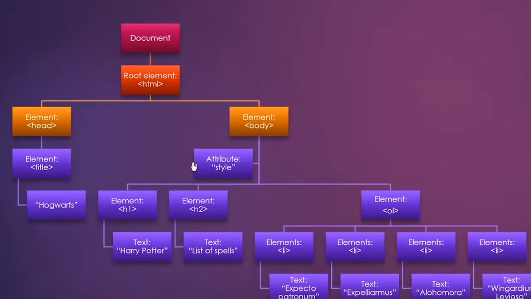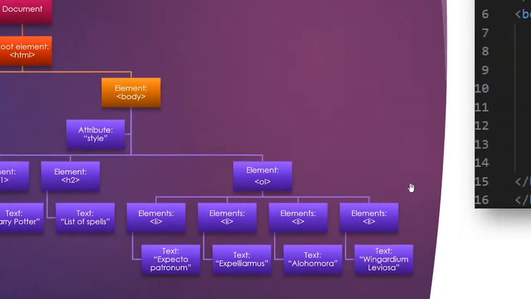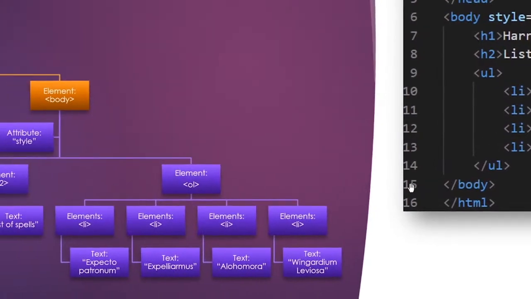In the body we have the attribute style, which is just an assistant of this whole node and not the child of it or the sibling of it. And in the children we can see element h1, which is Harry Potter, h2 is list of spells, and ol is the ordered list that we're going to have.